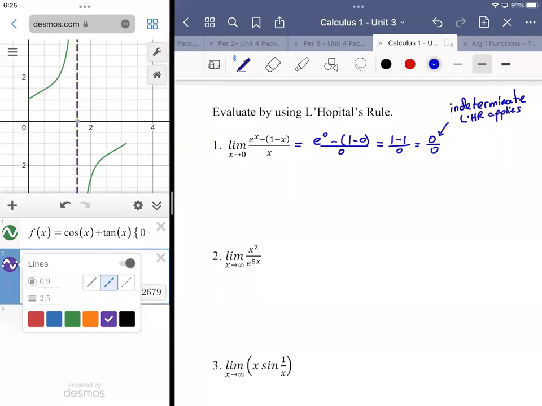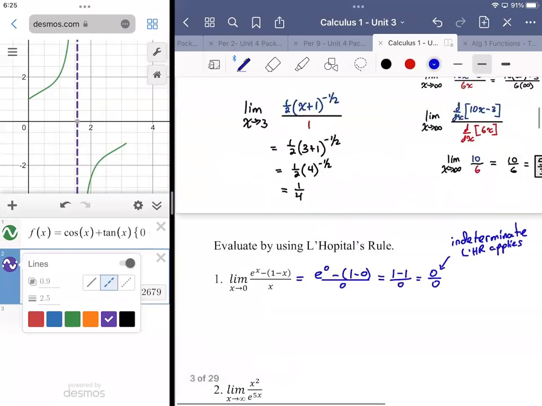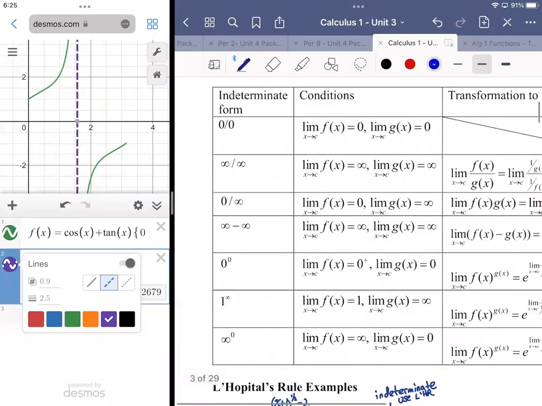If it takes any of the forms in the chart on the previous page, then it would be a L'Hopital's-applies situation. So 0 to the 0, 0 divided by 0, any one of these possibilities.